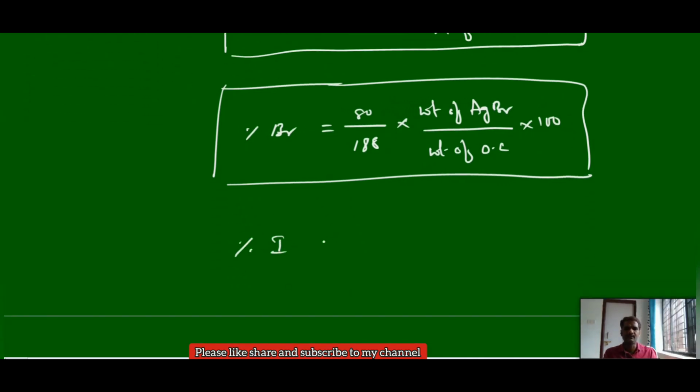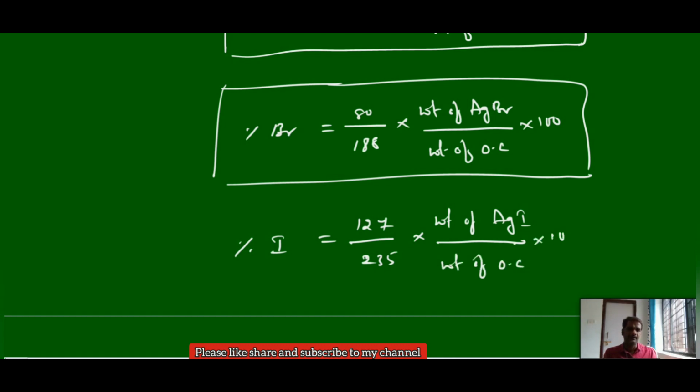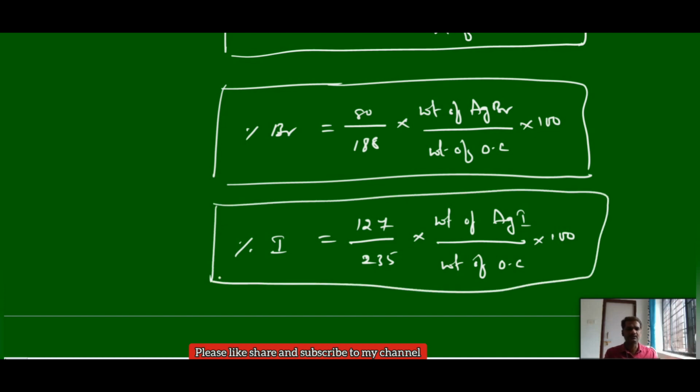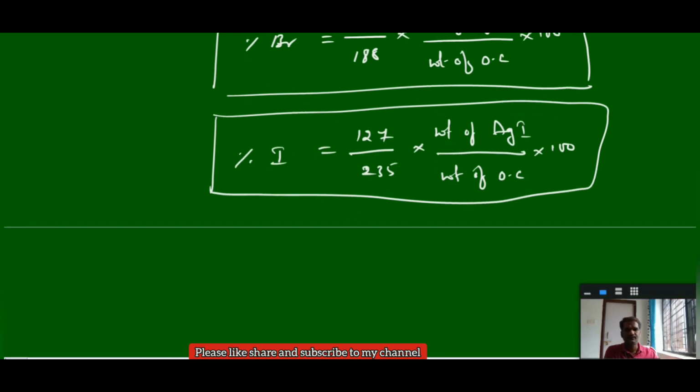The percentage of iodine is equal to iodine atomic weight 127 by 235, into the weight of AgI in place of AgBr, by weight of organic compound into 100. So by using these formulas, we can estimate the percentage of halogen in a given organic compound. First we have to convert the organic compound into silver halides, and from that we can calculate.